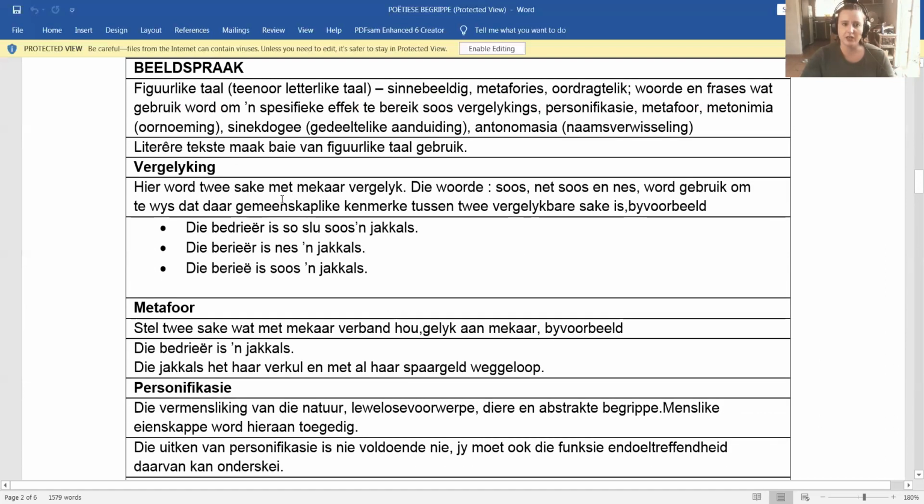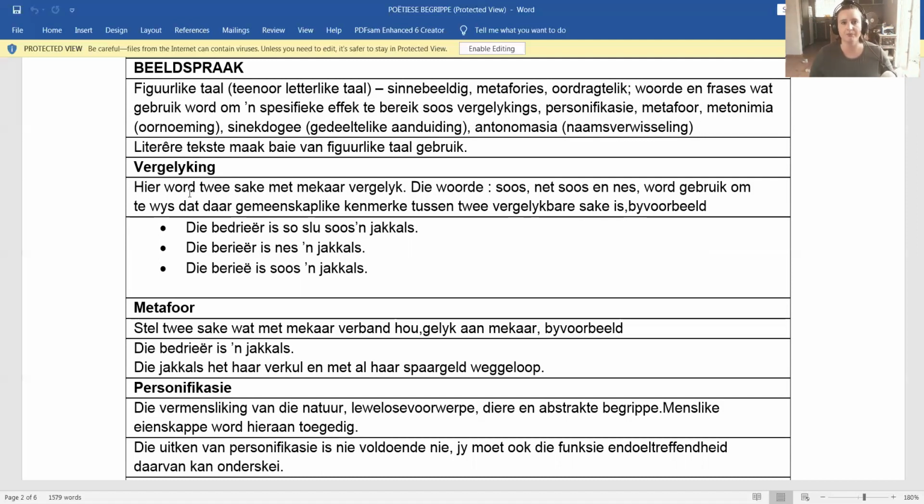Let's just quickly talk a little bit about vergelykings. That is a comparison, okay? You will associate this with soos, net soos, and nes. And this is used to show, for you to see, that there are gemeenskaplike, like general characteristics between two compared things, okay?